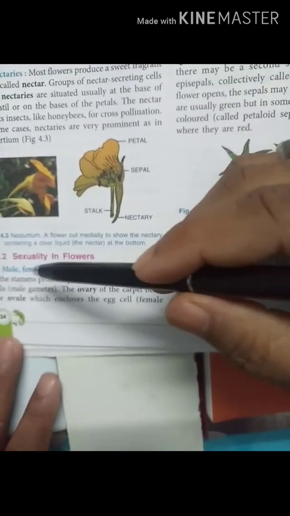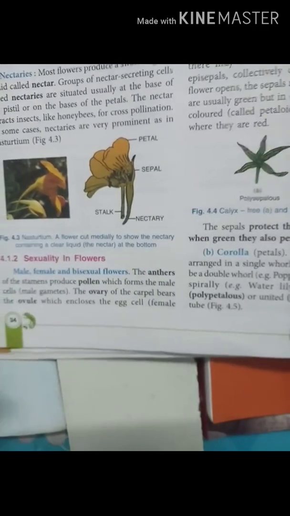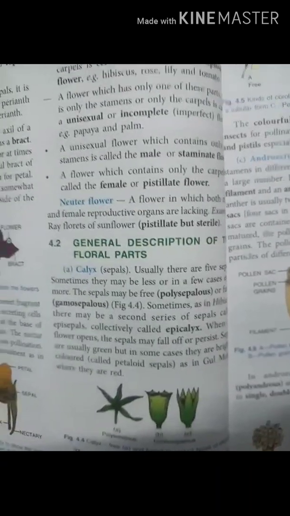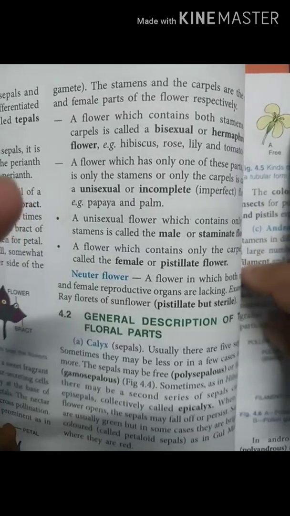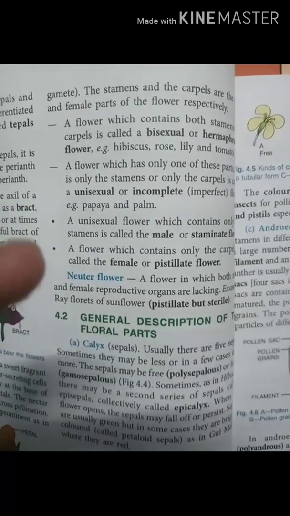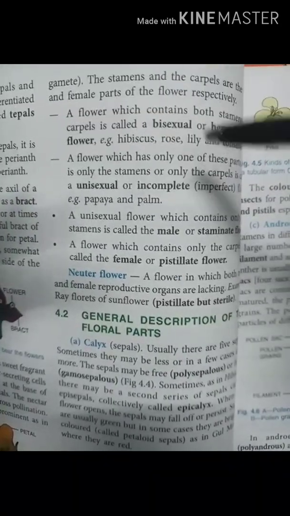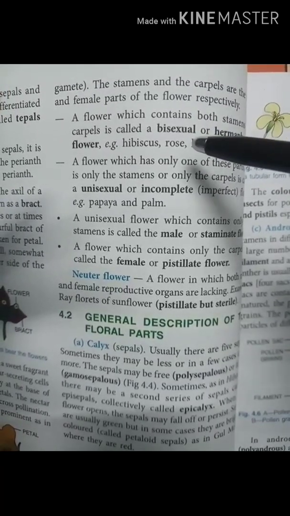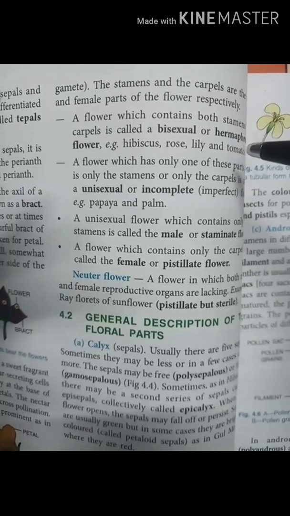Now, sexuality. A flower is said to be male, female or bisexual. If a flower contains both parts, such flowers are bisexual or hermaphrodite.